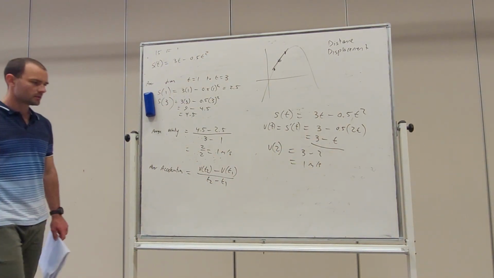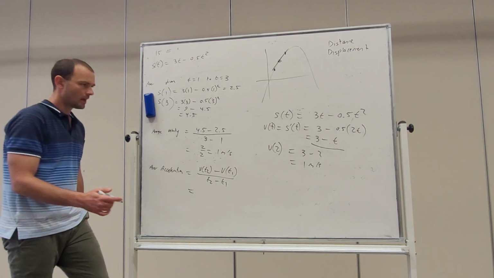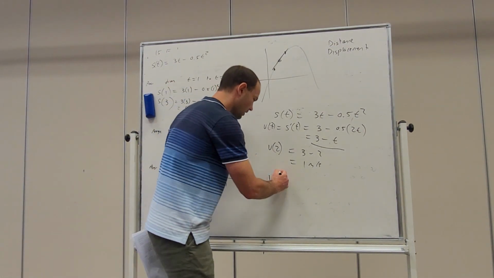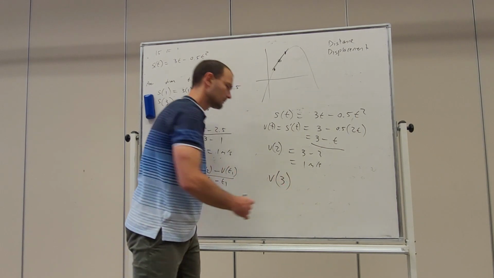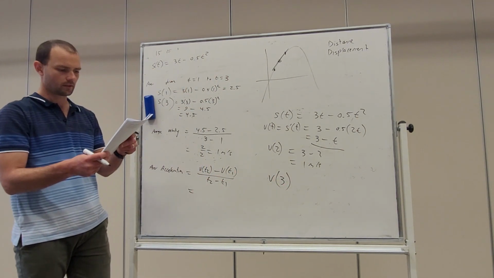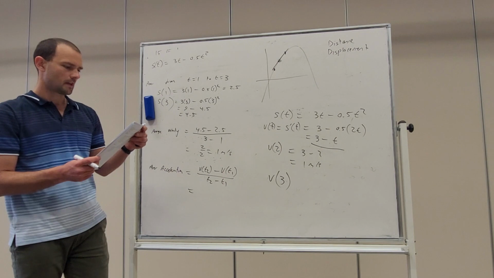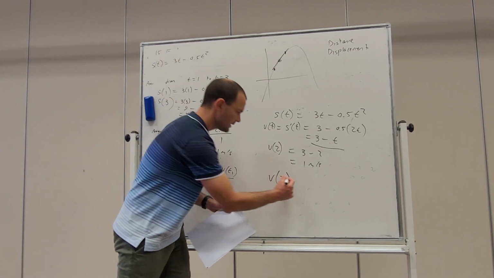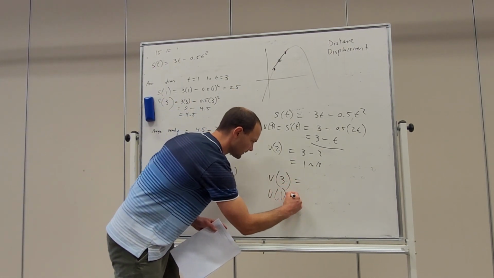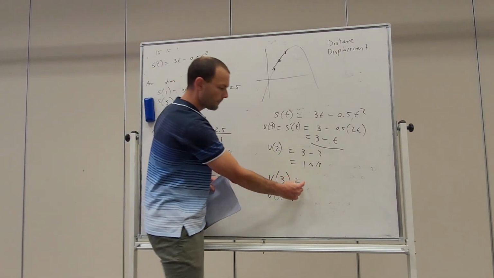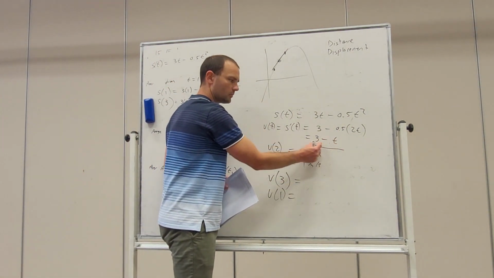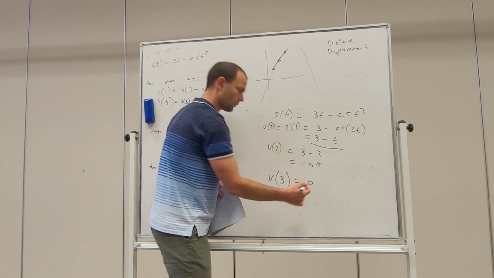First we want the velocity when time is 3. We're doing the average acceleration from time is 1 to time is 3, so the velocity when time is 3 and the velocity when time is 1. If we put 3 into the velocity equation, we'll have 3 take away 3, which will be 0.